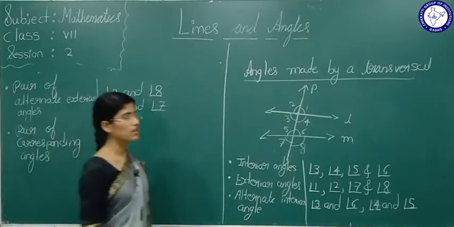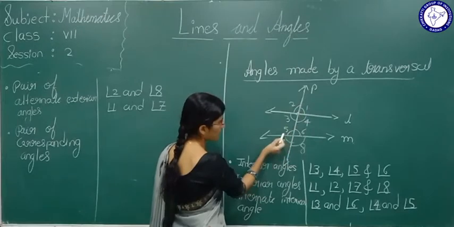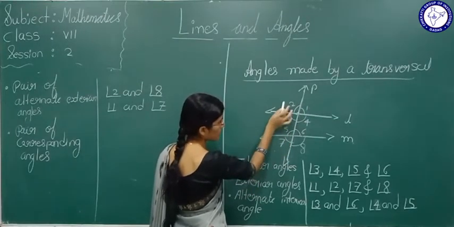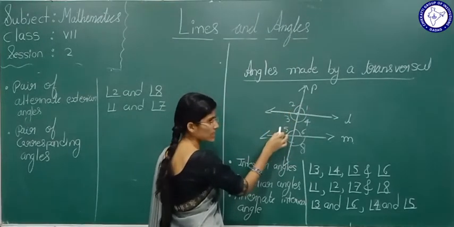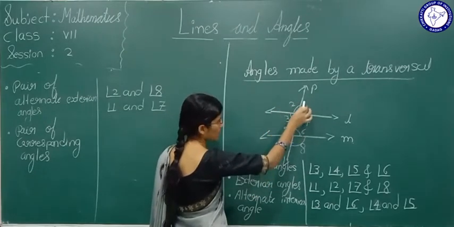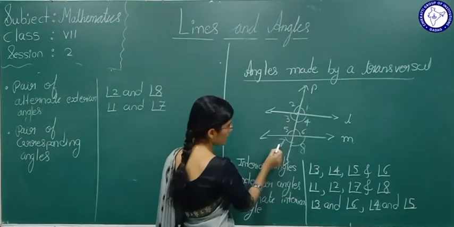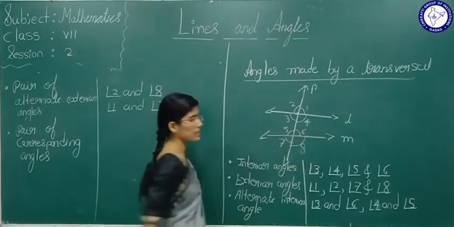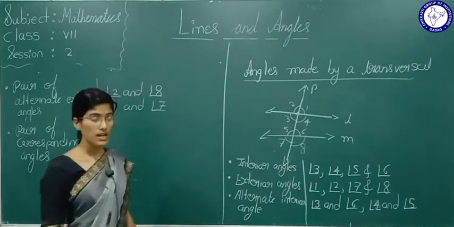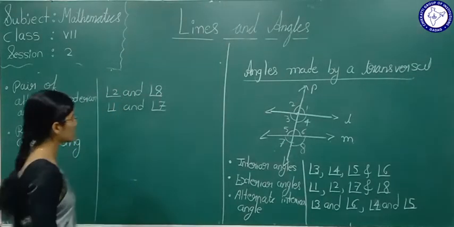See here, one exterior angle should be there and one interior angle should be there. Angle 2, angle 5, angle 1, angle 6, angle 3, angle 7, angle 4, angle 8 are the corresponding angles.